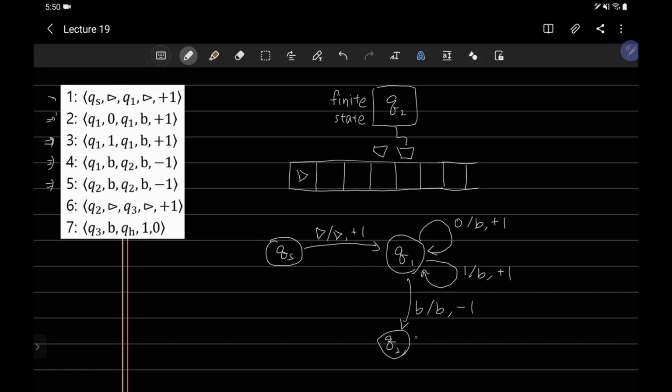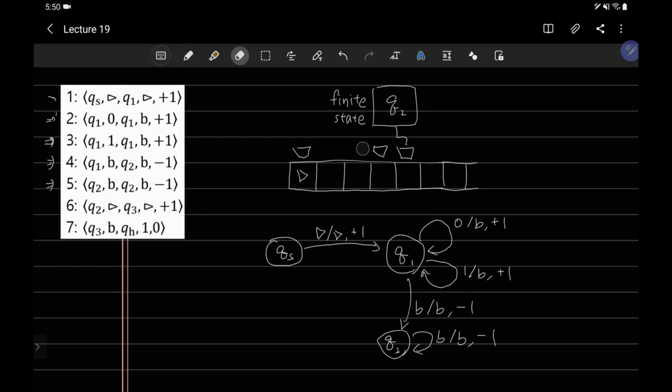So that means that if I read the blank, the blank will remain, and the head will move to the left, and it will continue to move to the left and move to the left, and finally it will arrive here.